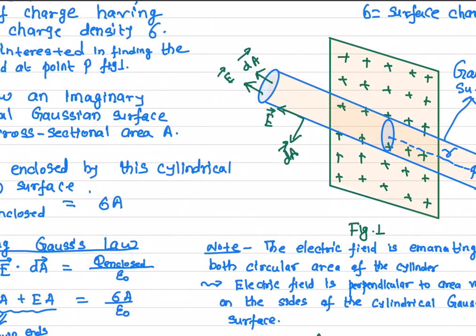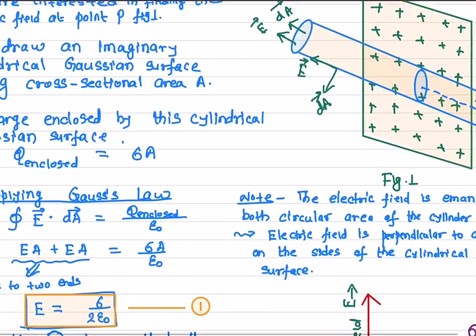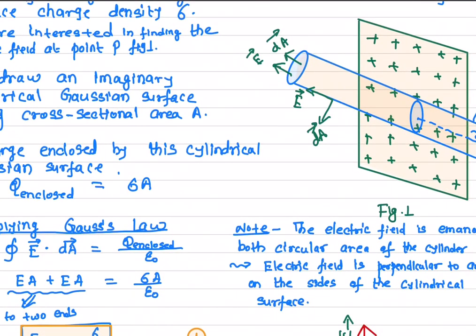That's the reason we have assumed it to be infinite. If it were not infinite, there would be some fringe field coming out of the charge plane, which would contribute some electric field at this point.